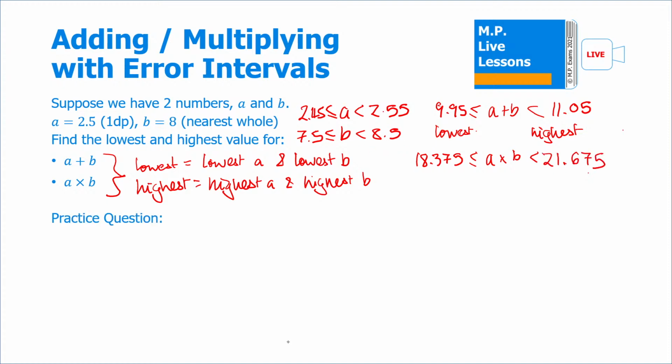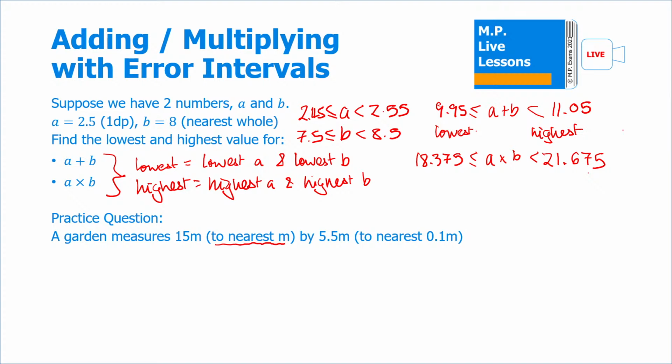So applying this, for example, let's say a garden measures 15 meters by 5.5 meters, and they're rounded to this degree of accuracy. So to the nearest meter for the first one, to the nearest 0.1 meters for the second one.